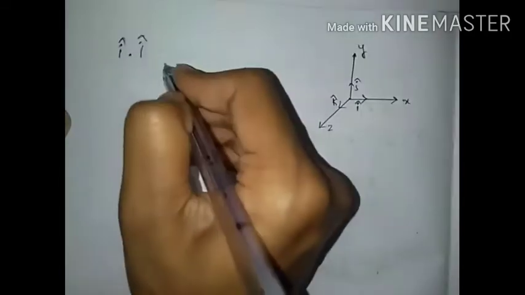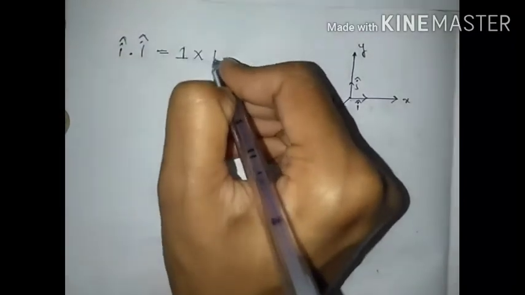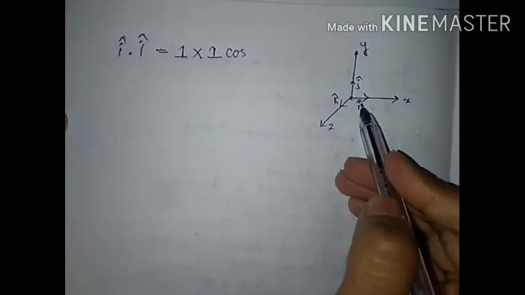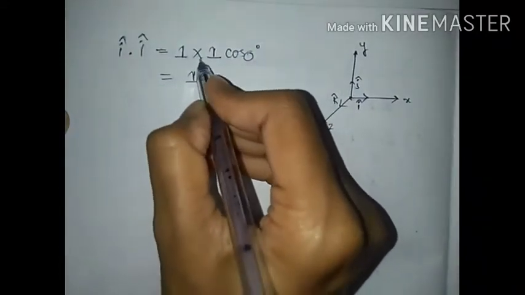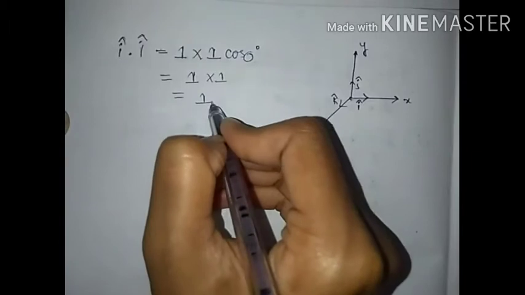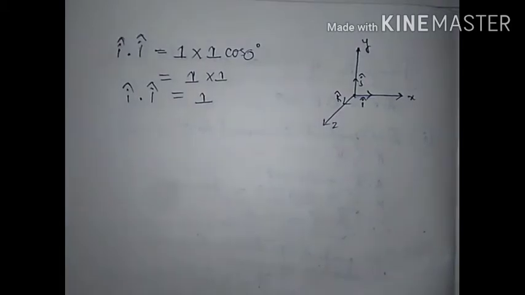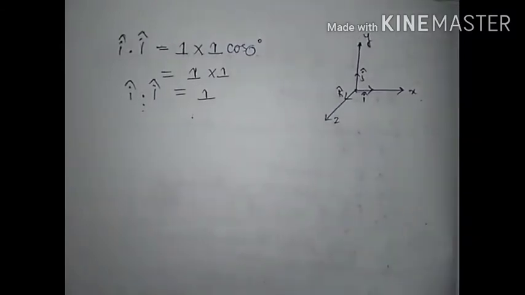So if you take i cap dot i cap, the magnitude of a unit vector is 1, multiplied by 1 cos 0. The angle between two i's is 0 degrees, so cos 0 is 1, and 1 multiplied by 1 is 1. So i dot i is equal to 1, where i is the unit vector along the x axis.